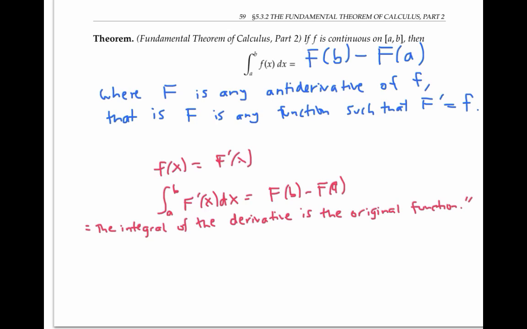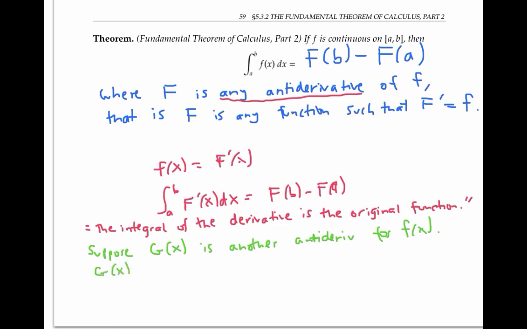I also want to comment on the phrasing "any antiderivative." Suppose capital G of x is a different antiderivative for lowercase f. We know that any two antiderivatives differ by a constant, so we know that G of x has to equal capital F of x plus some constant. So if we take G of b minus G of a, that's going to be the same thing as F of b plus c minus F of a plus c.